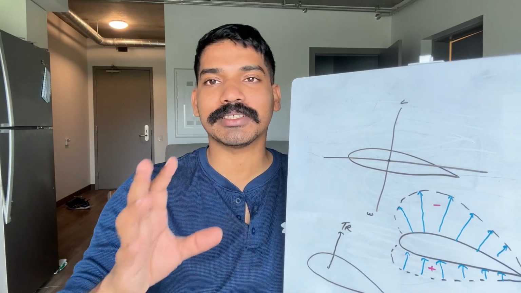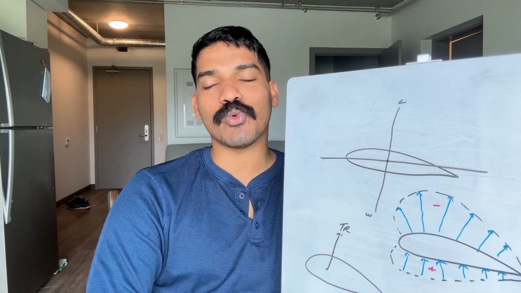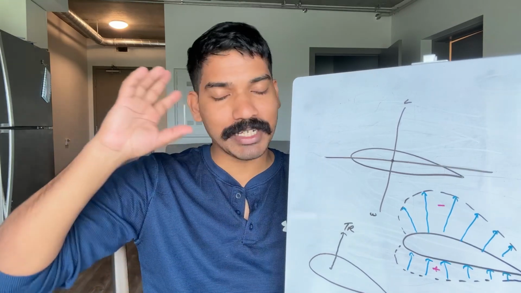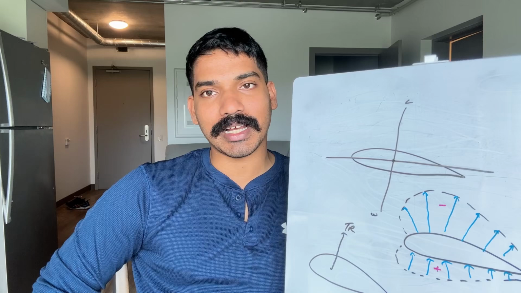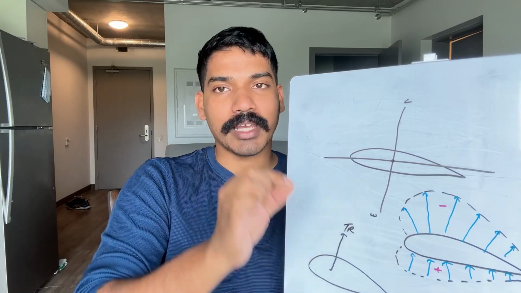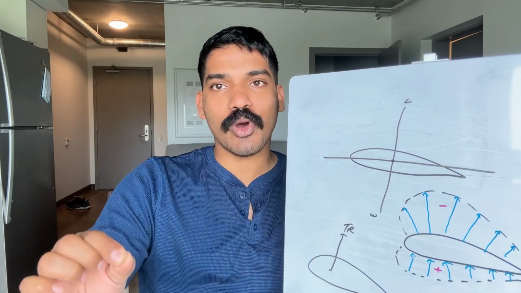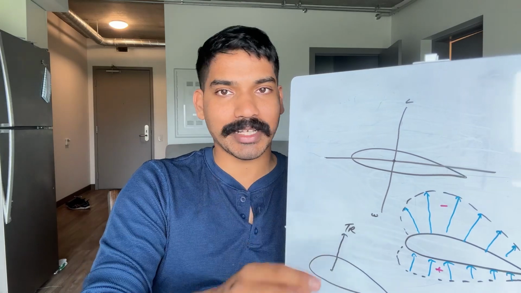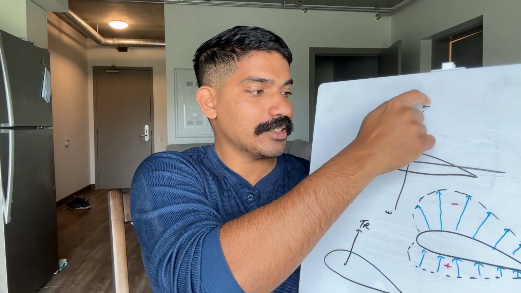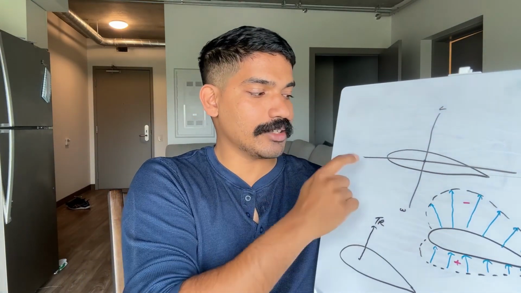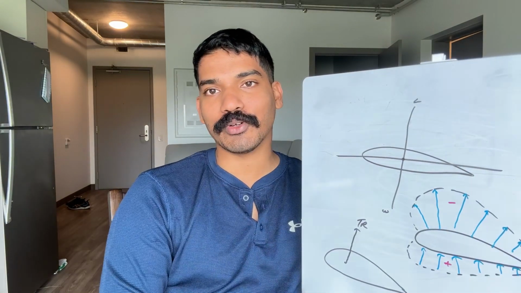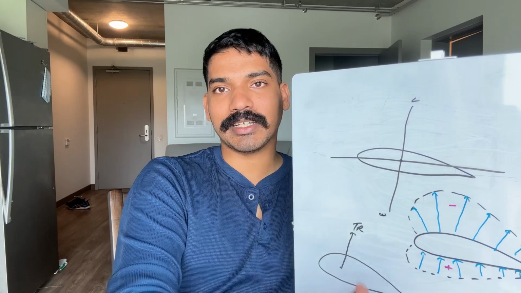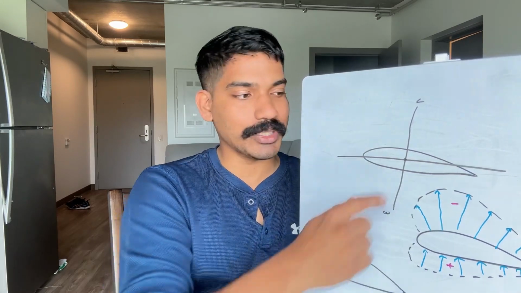Now when it comes to the center of pressure, in basic definition, center of pressure can be defined as the point on the aerofoil through which all these forces are acting. If you look at lift, weight, thrust and drag, they are all 90 degrees or 180 degrees to each other.